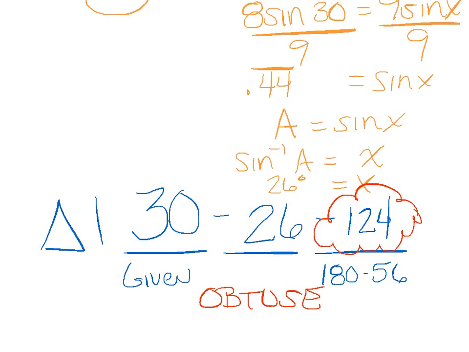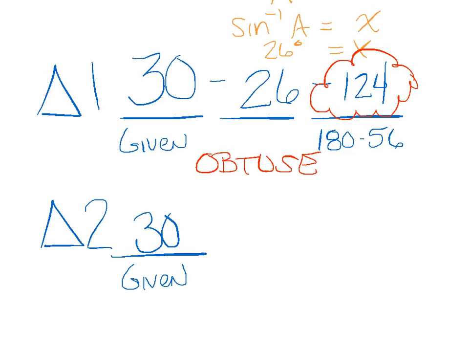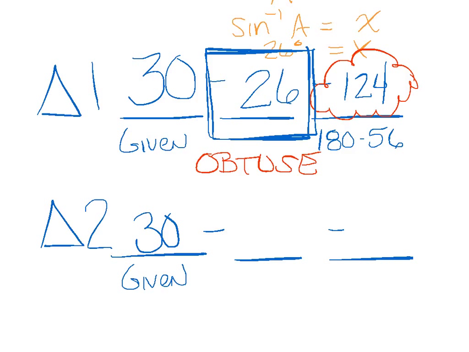Now you can't answer the question yet until you know if you can create a second triangle. So here's where we get greedy. Let's go for triangle 2. You got to keep that given angle, which is 30. 26, this is the one you care about. We did law of sines, which is positive in the first and second. 26 is in the first quadrant.